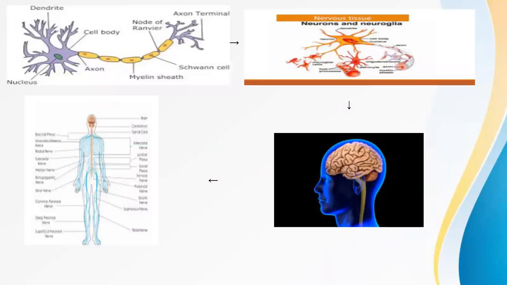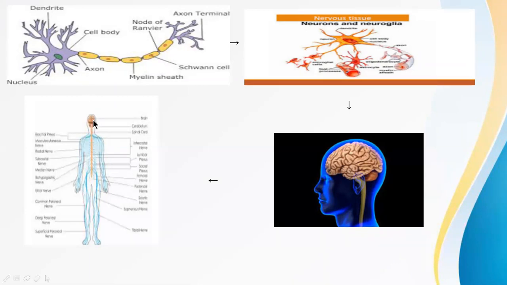From the nerve cell, we move to the tissue, from tissue to the organ, and from the organ to the whole organism or the system, that is the nervous system. You can see this nervous system in pink or bluish color. These are the nerves. This is the brain in the head region.